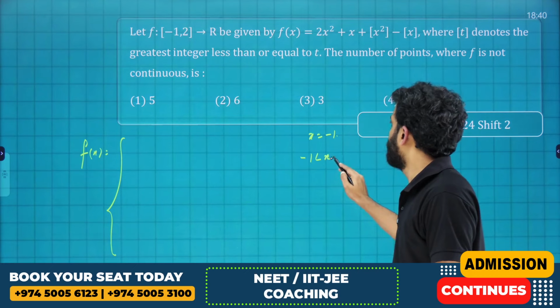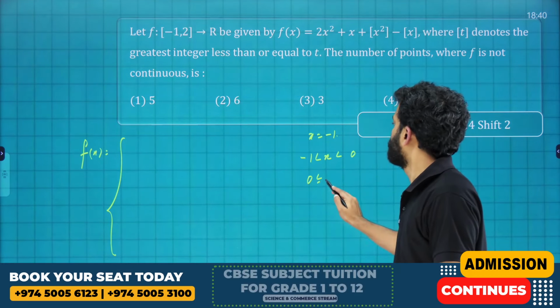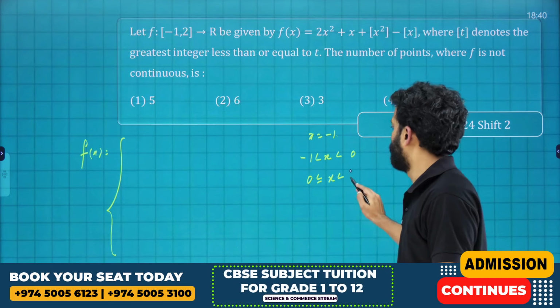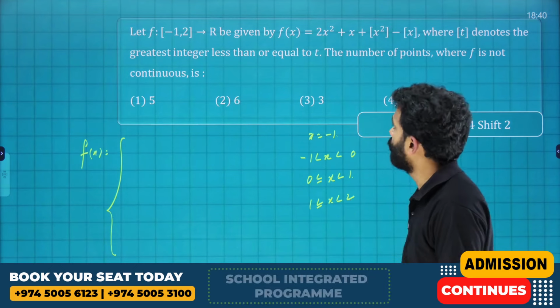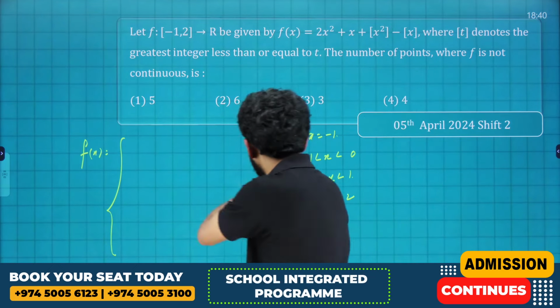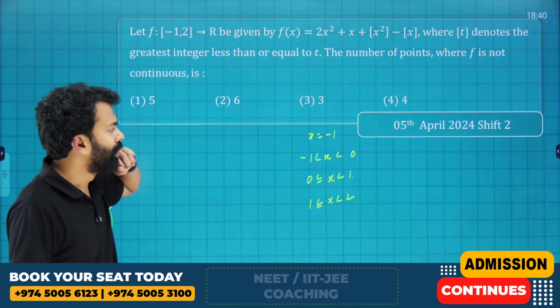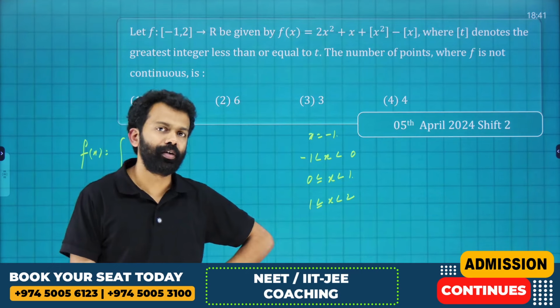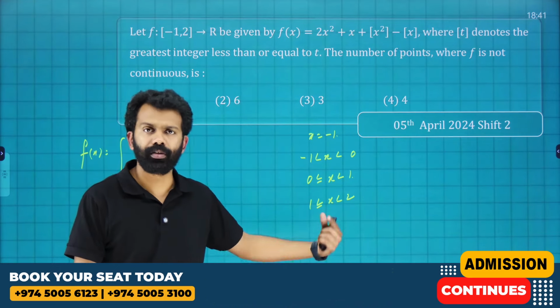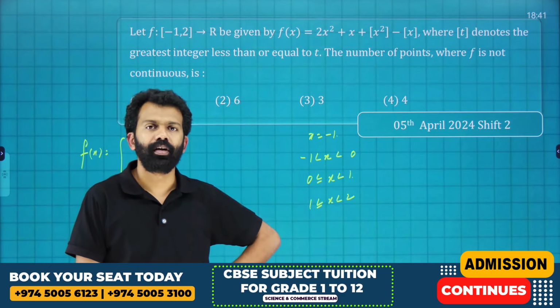Minus 1 less than x less than 0. 0 less than x less than 1. 1 less than or equal to x less than 2. I am going to split the interval first, then we can assign the function according to that. Okay, is there any mistake over here? I have divided it purely based on the integer separation. Is there anything wrong with this one?